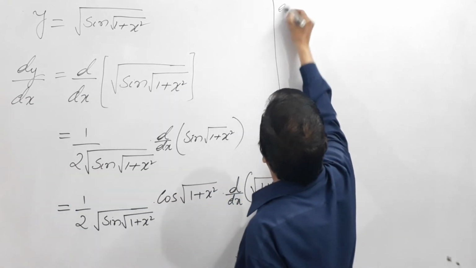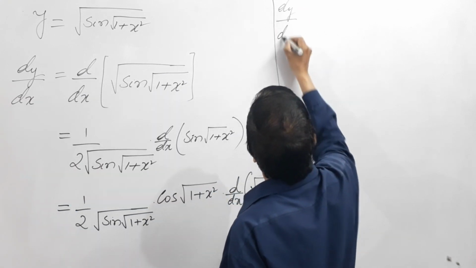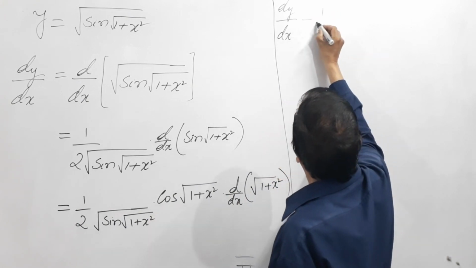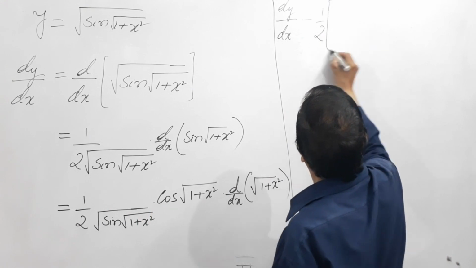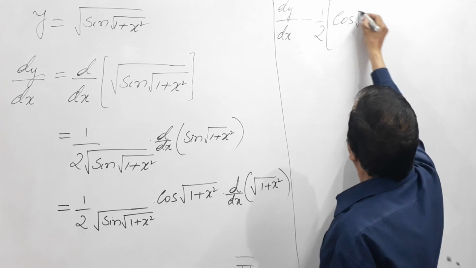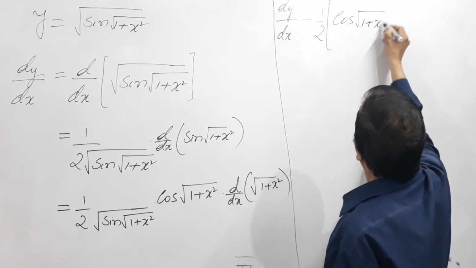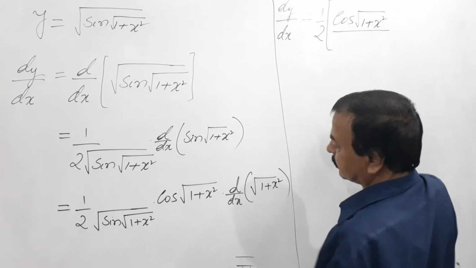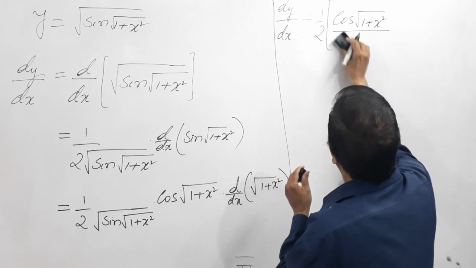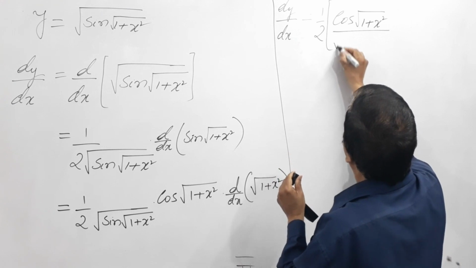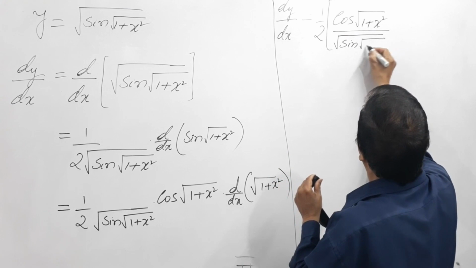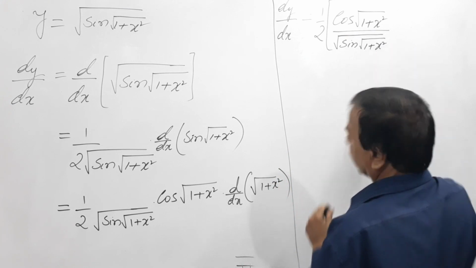On the left hand side we have dy by dx equals to half into cos of under the root 1 plus x square, sorry, this is under the root, sine of under the root 1 plus x square.